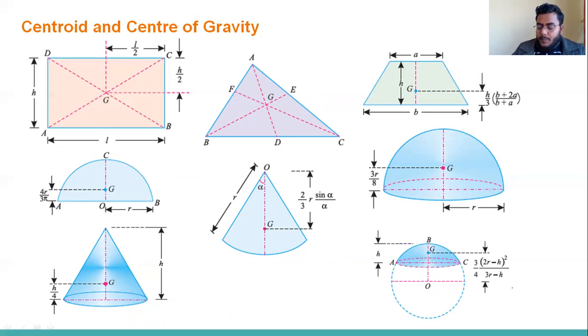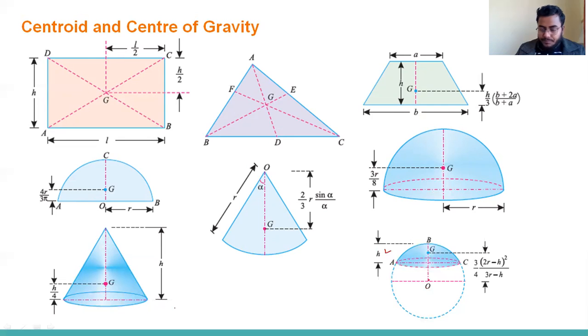This is the segment of a sphere, and its height is h. The centroid will be from the center O, 3/4 into (2r minus h) whole square divided by (3r minus h). So these are all the results that you can remember.